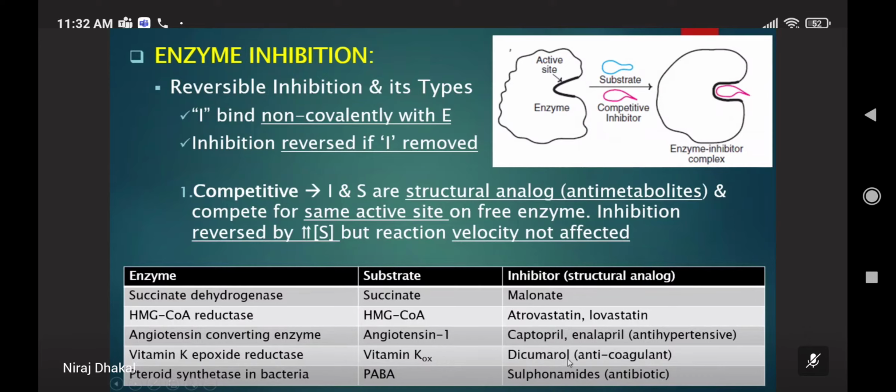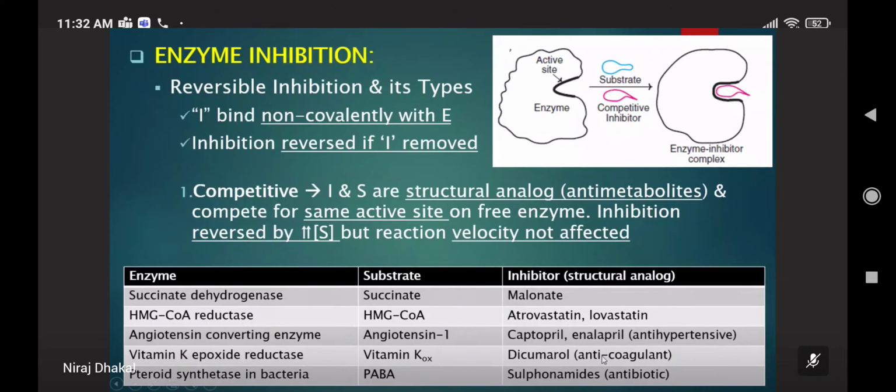So it is used as an anticoagulant because vitamin K is required to activate the blood clotting factors. In the absence of it, the clotting process does not occur. So we can say dicumarol is an anticoagulant.